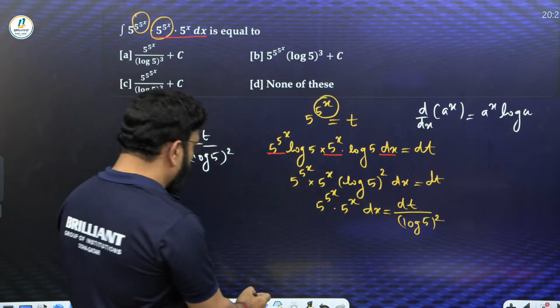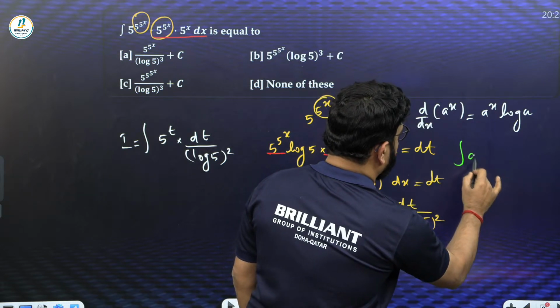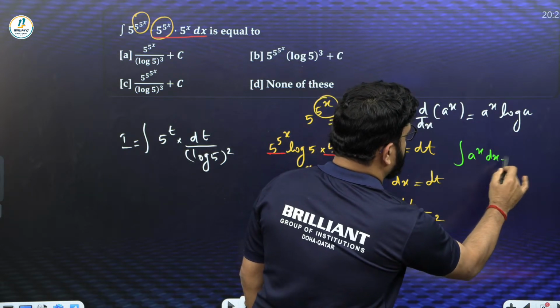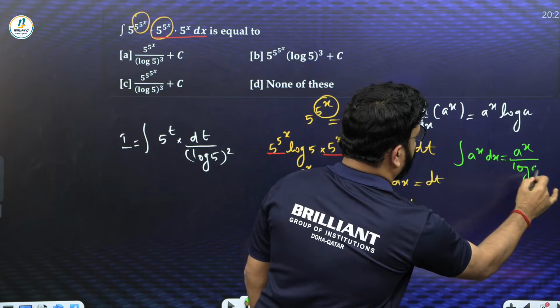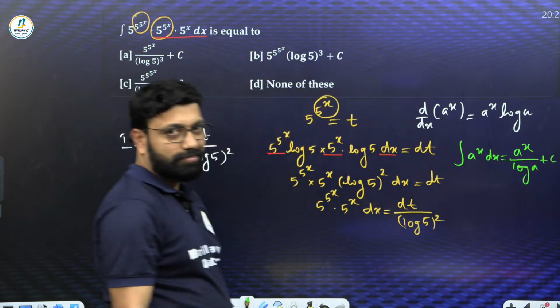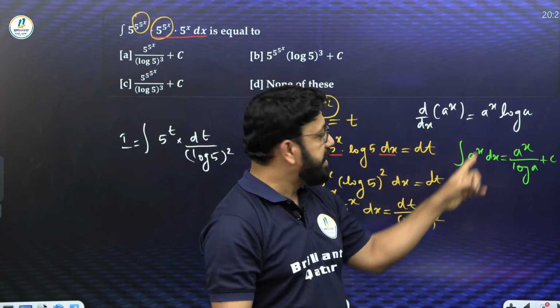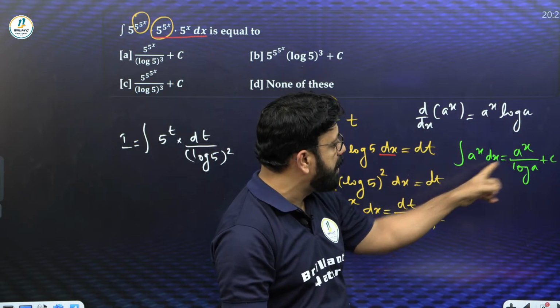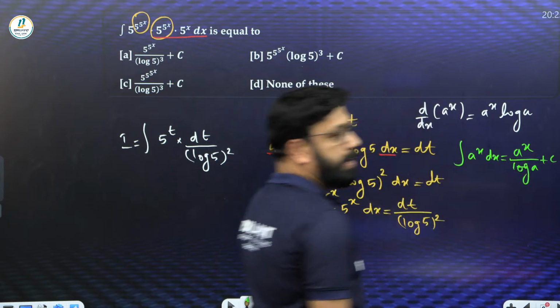What is integral of a raised to x? Integral of a raised to x dx equal to a raised to x by log of a plus c. The derivative is a raised to x into log a, so the integration is the same function, a raised to x divided by log a plus c.